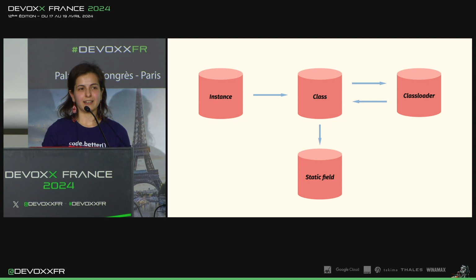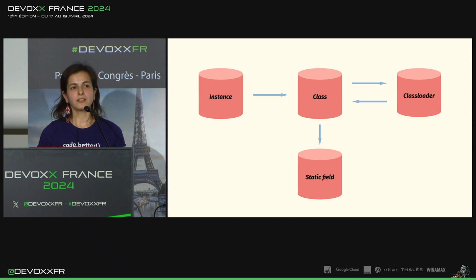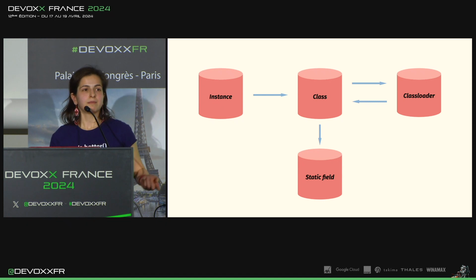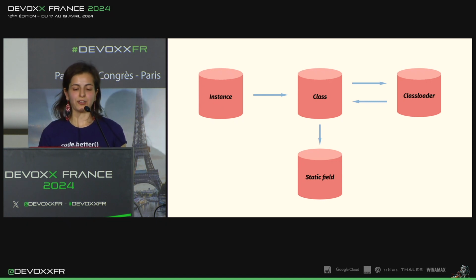So technically, if you don't write your custom class loaders, your static fields are there forever. And if you have some leak there, if you put some garbage there, it will be occupying the memory for a very long time.